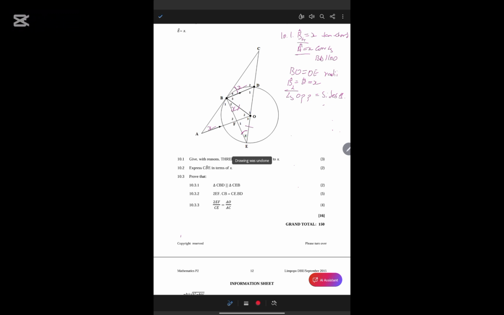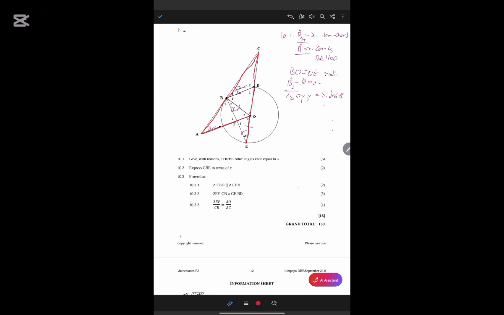So we are solving 10.3.3. When I look at the diagram, AO is this line here. CE is the longer length going down here. AC is this line going there. CE, AC and AO, I have marked them.